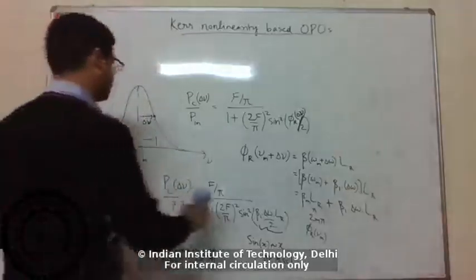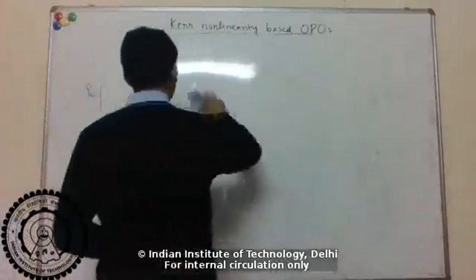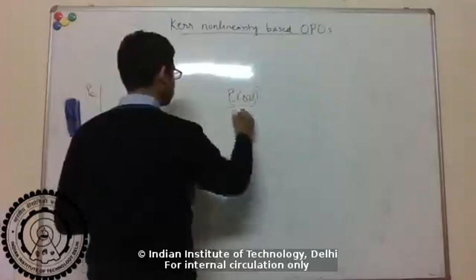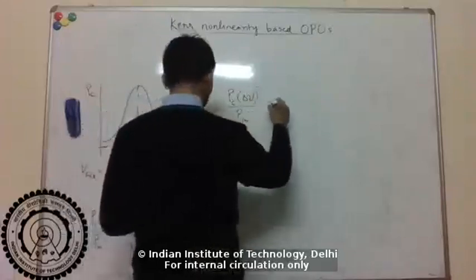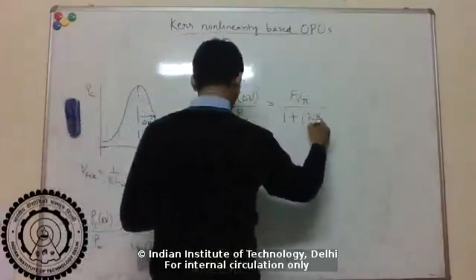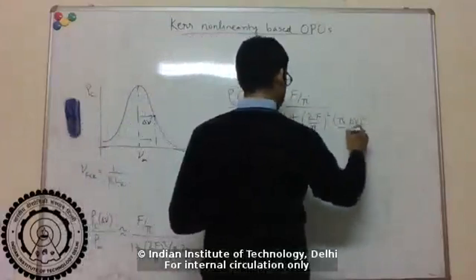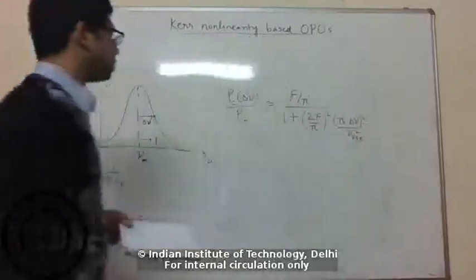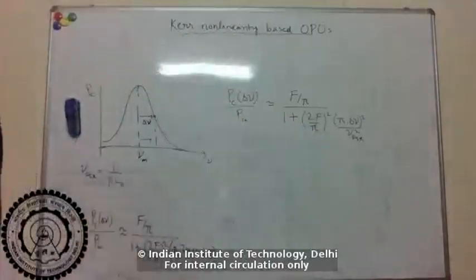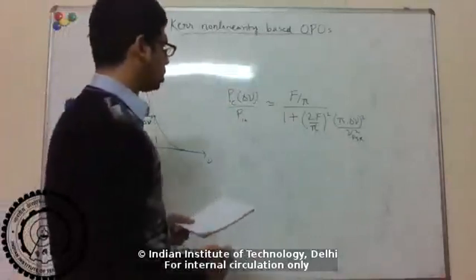So I've just replaced beta 1 LR as 1 over nu FSR.